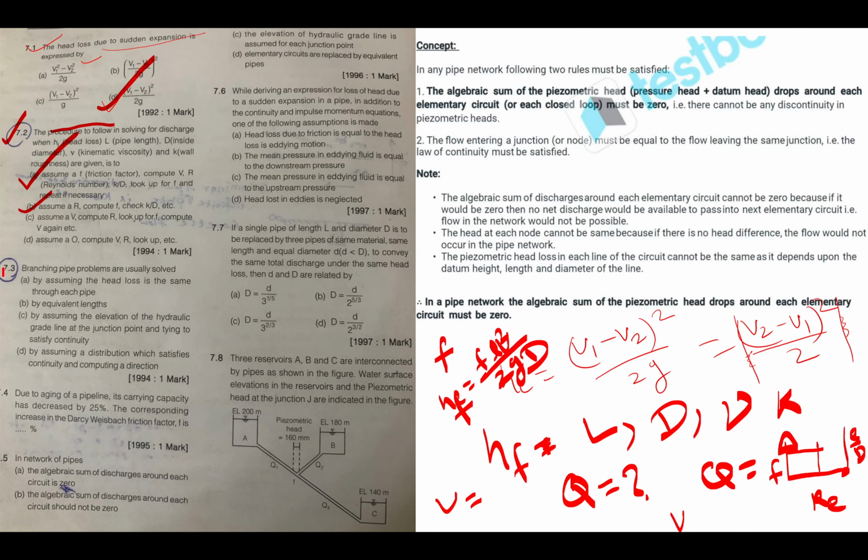Now question number 3, branching pipe problems are usually solved how?